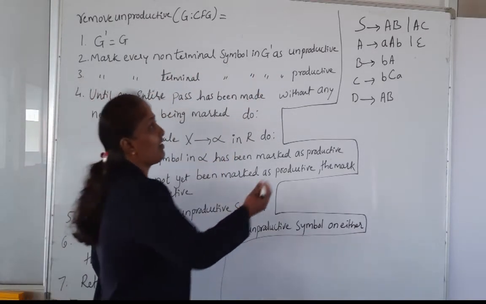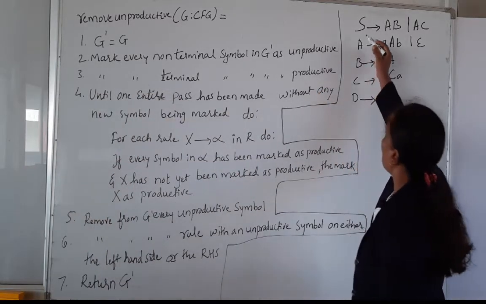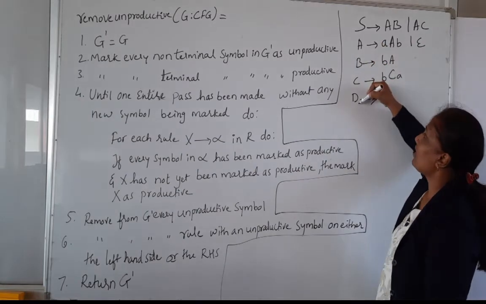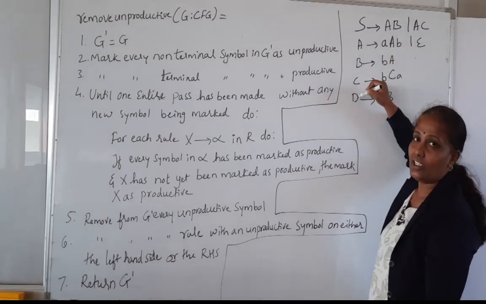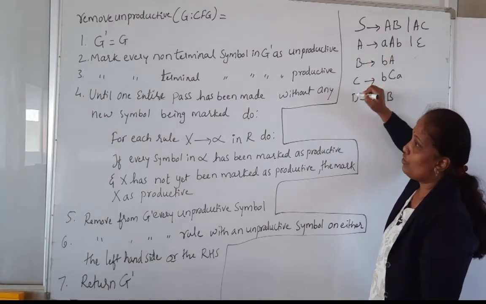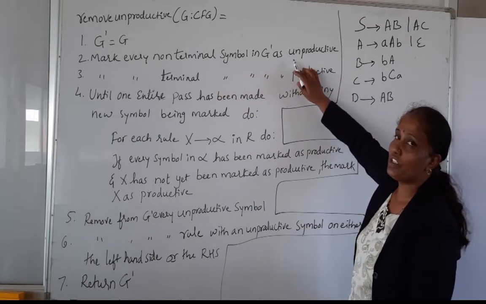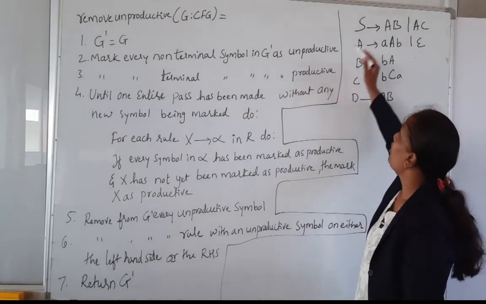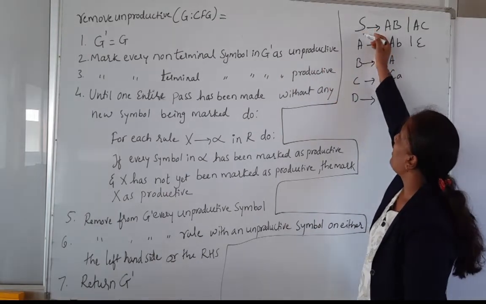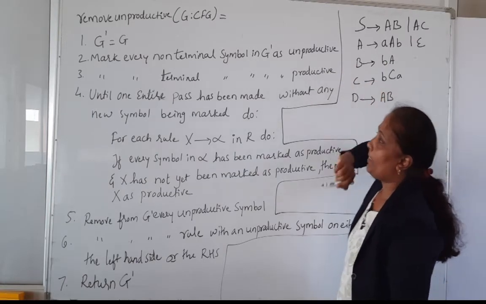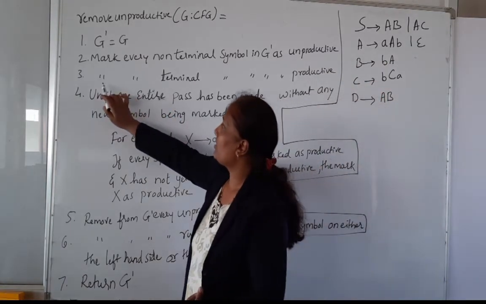So assume that this is a given grammar. As I said, these non-terminals which come at the left side of the rules are not contributing anything in the generation of the string. So initially we are going to mark all these non-terminal symbols of G dash as unproductive. According to that second step, A, B, C, D are what? Unproductive symbols. Next, what is the third step here?